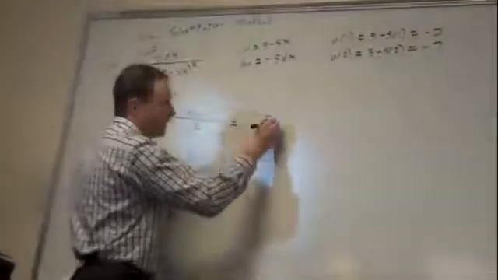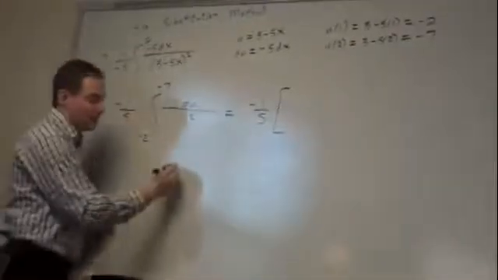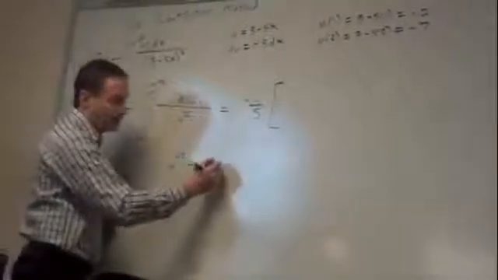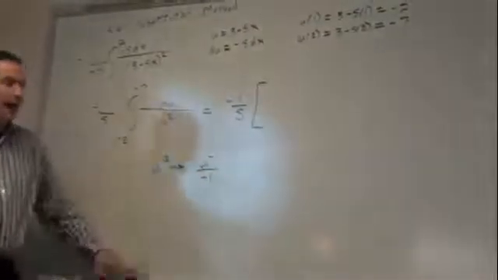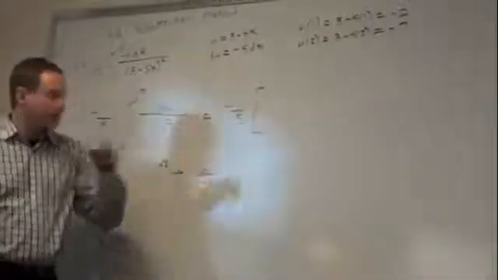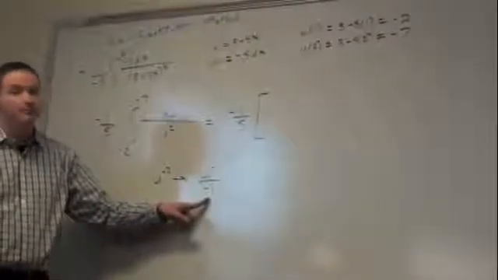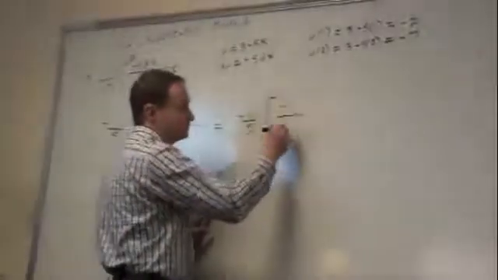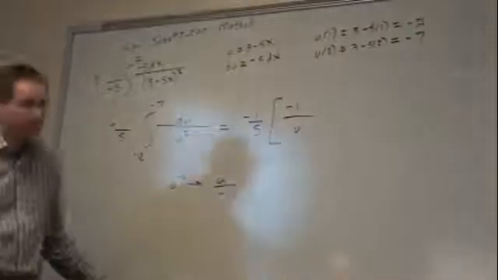So I'll say I have my negative 1/5 in front, ready to integrate the inside. The inside is the same thing as u to the negative 2. So when we integrate that, it's going to become u to the negative 1 over negative 1. So I would rather simplify that here. U to the negative 1 over negative 1. That's going to be negative 1 over u to the 1. And then I can say plus c.